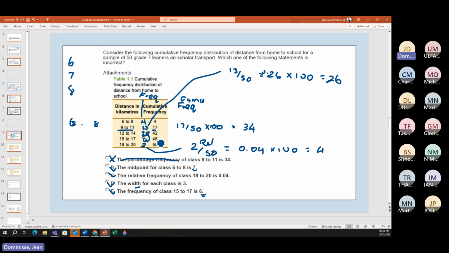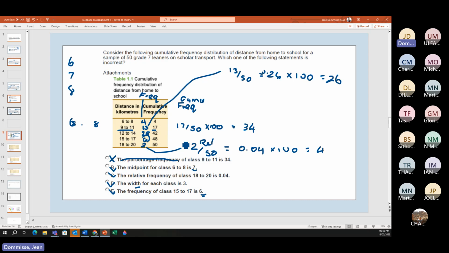Relative cumulative frequency would have been 48 divided by 50. And then relative cumulative frequency as a percentage would have been 48 divided by 50 times 100. That would have given you 96%.